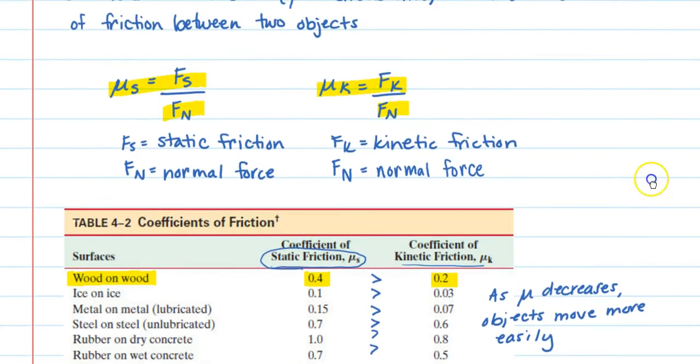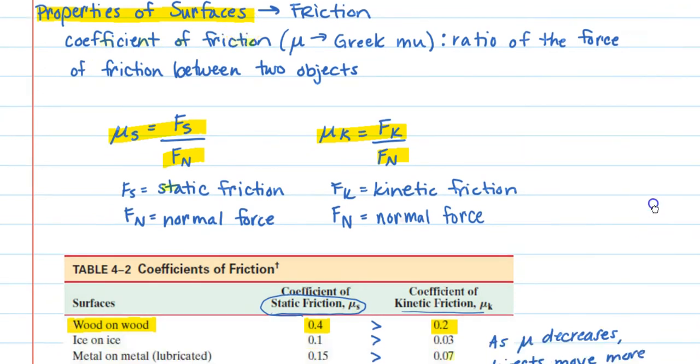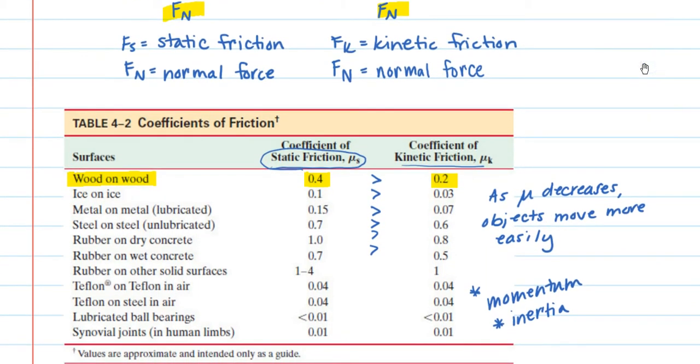Trying to think of what else I can say about this section. We consider it properties of surfaces because depending on how smooth the surface actually is, the coefficient of friction will be different. For example, wood can be fairly rough. If you think of getting a splinter or touching a piece of lumber, it's not always very smooth, whereas ice is very smooth.